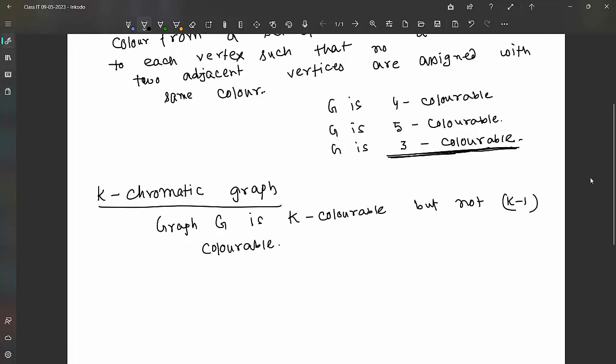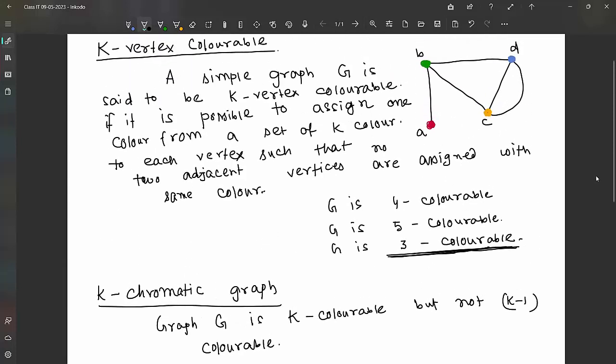So here you can see that for this graph, this is 4 colorable and also this is 3 colorable. This is 5 colorable, also this is 4 colorable. But it is 3 colorable but not 2 colorable.